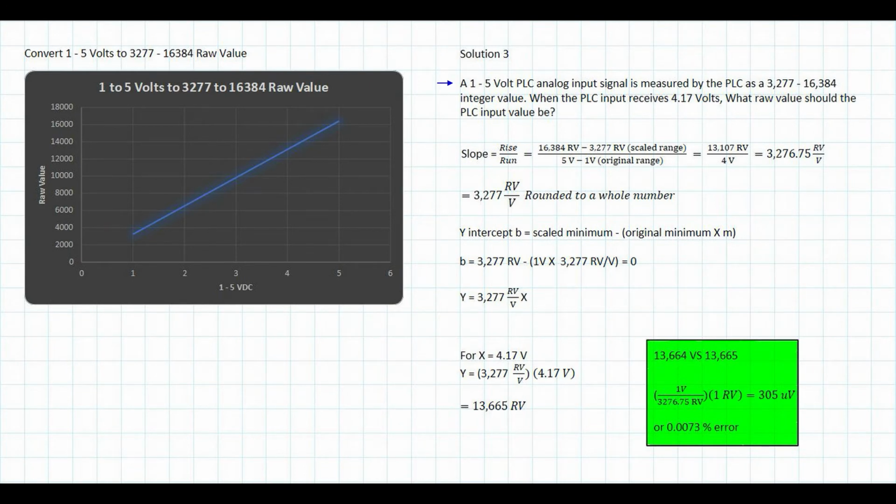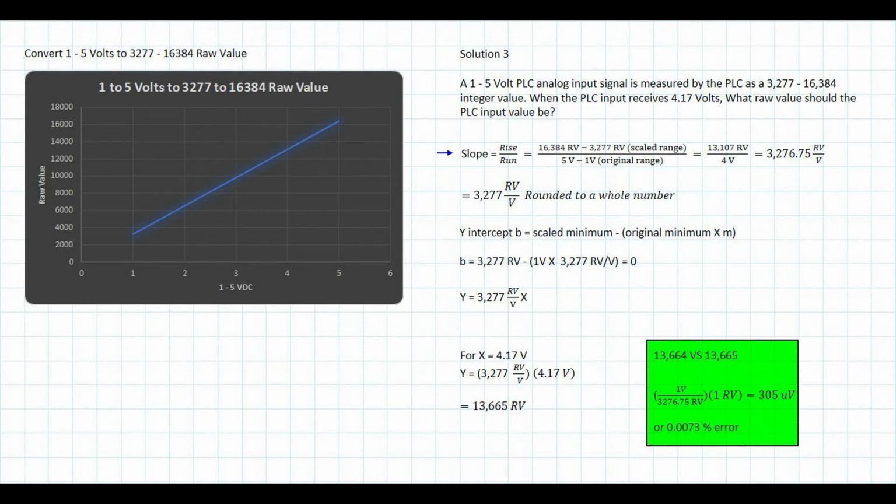Solution number 3. A 1 to 5 volt PLC analog input signal is measured by the PLC as a 3,277 to 16,384 integer value. When the PLC input receives 4.17 volts, what raw value should the PLC input value be?